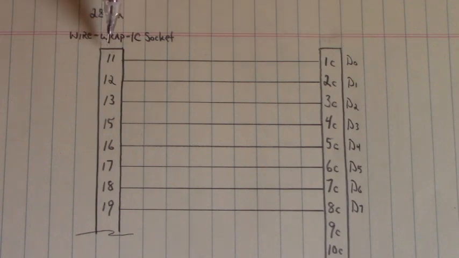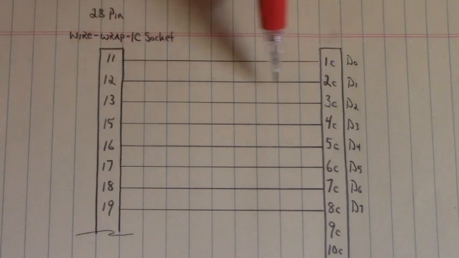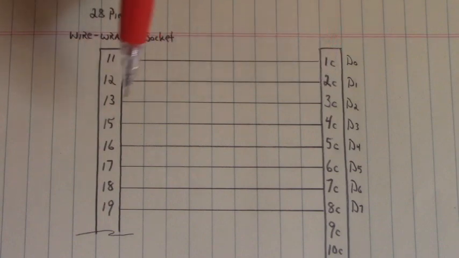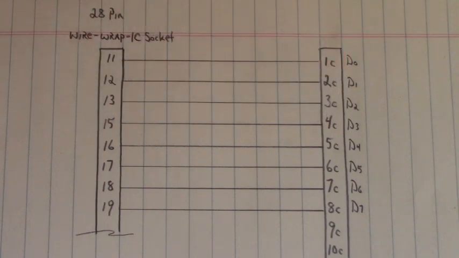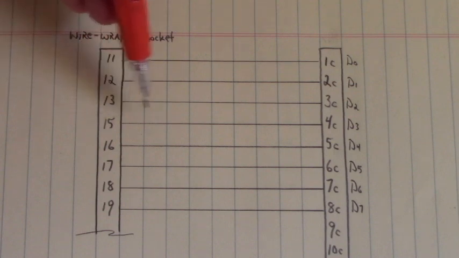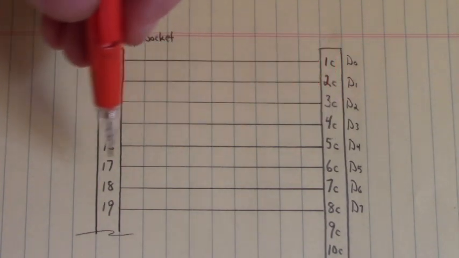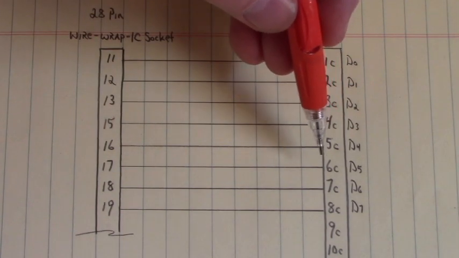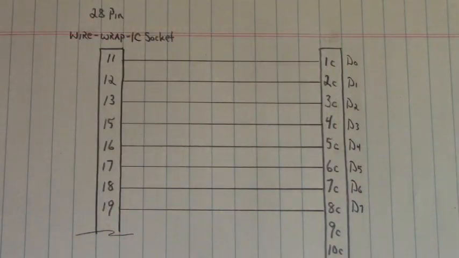Pin 11 of the wire wrap socket goes to 1C. Pin 12 goes to 2C. Pin 13 goes to 3C. 14 goes to 4C. Oh, sorry, 14 is ground. 15 goes to 4C. 16 goes to 5C, 17 goes to 6C, 18 goes to 7C, 19 goes to 8C.